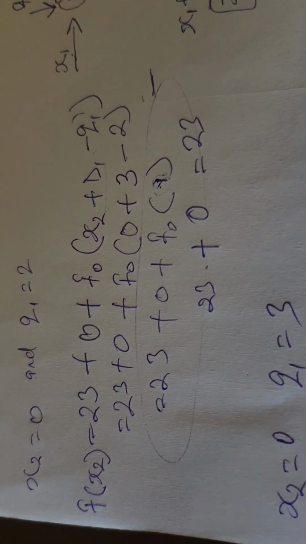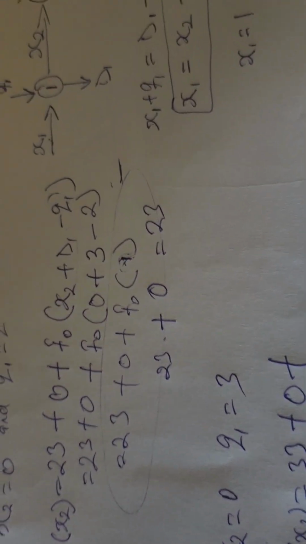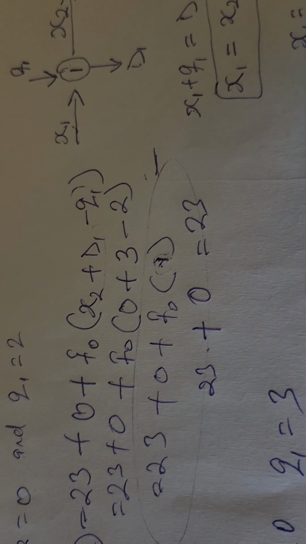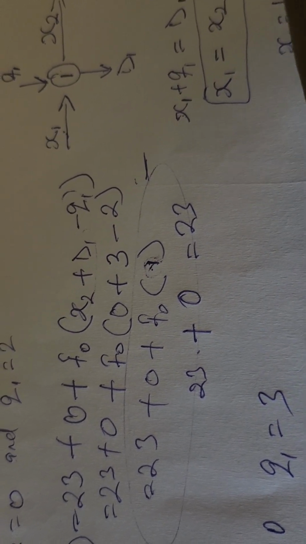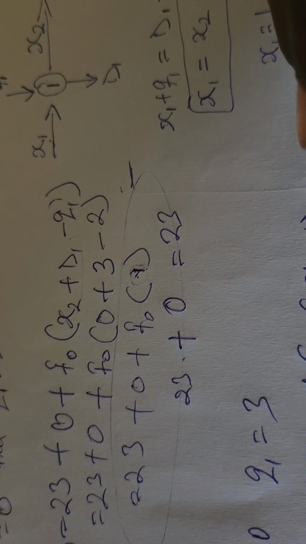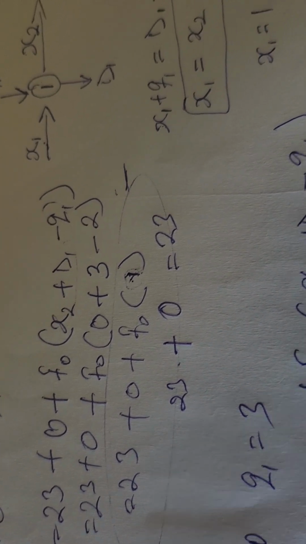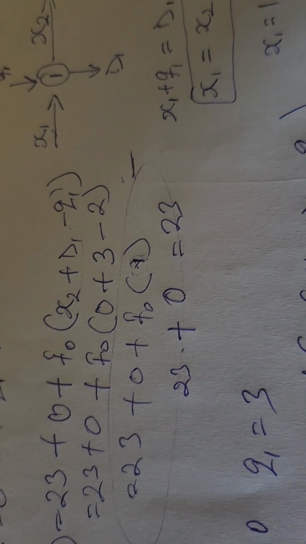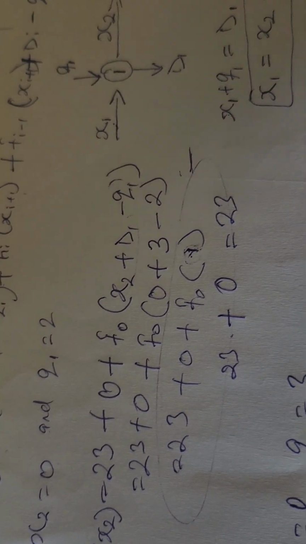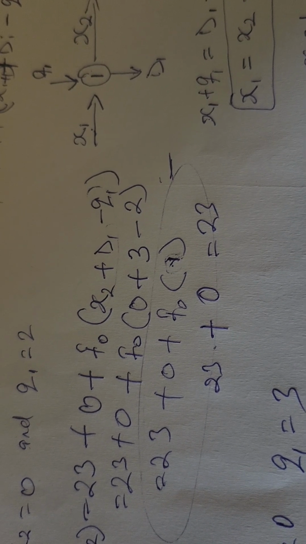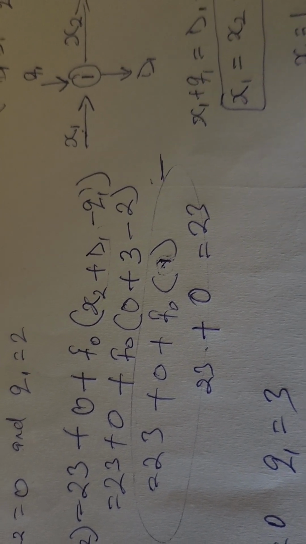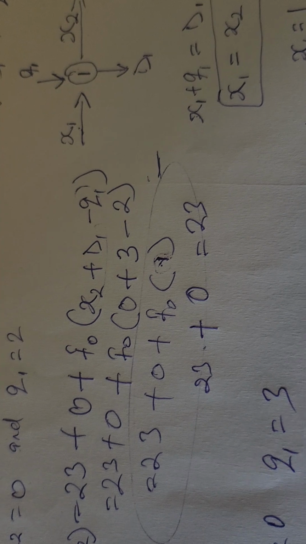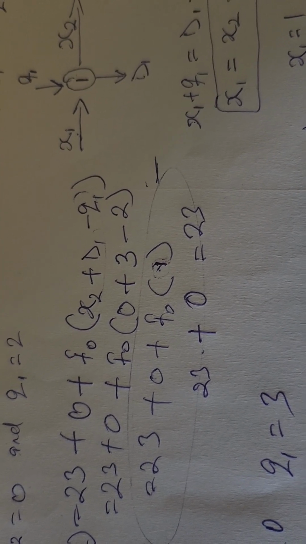Our holding cost is still 0, plus f of 0, our x2, plus our d1 minus q1. So 33 plus our x2 here is 0. Our d1 is still the same because it's fixed for period 1. So 3 minus q is 3. Here our x1, 33 plus f naught is equal to 0.